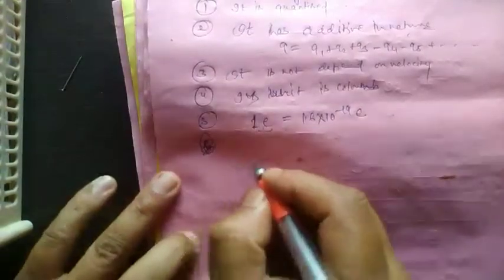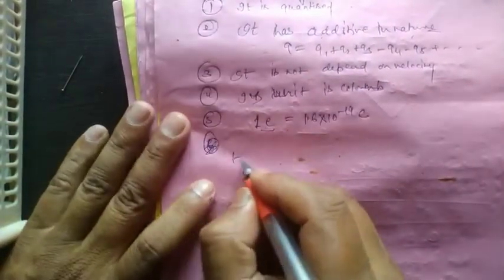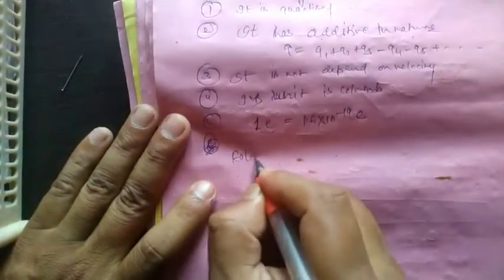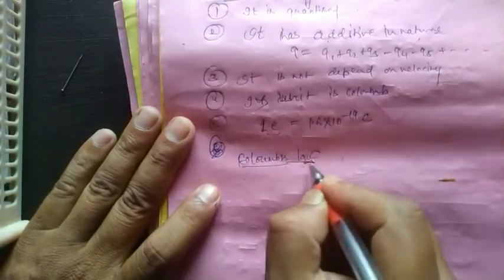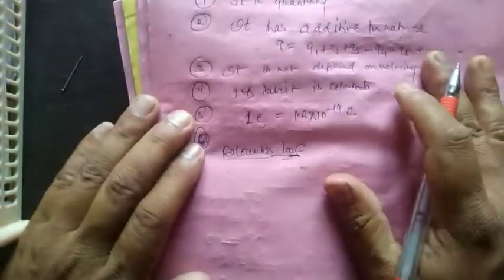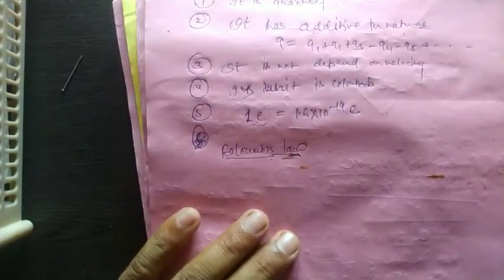Now the next point is Coulomb's law. As you know, like charges repel each other and unlike charges attract each other.